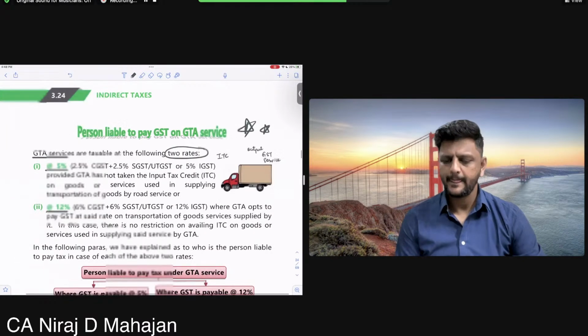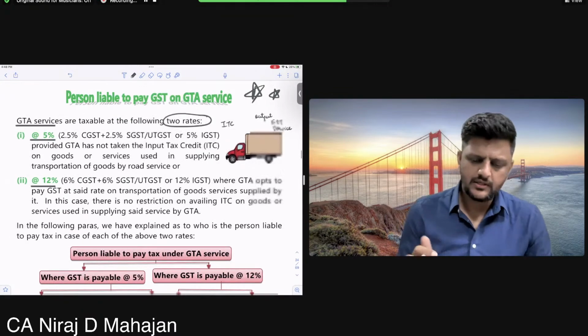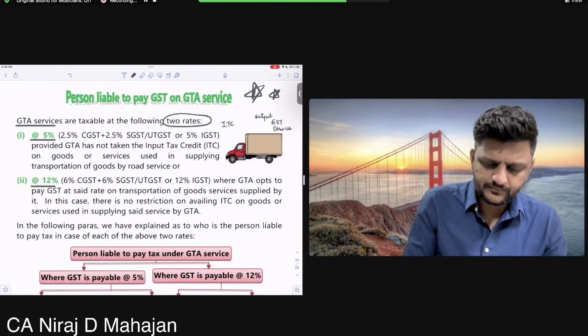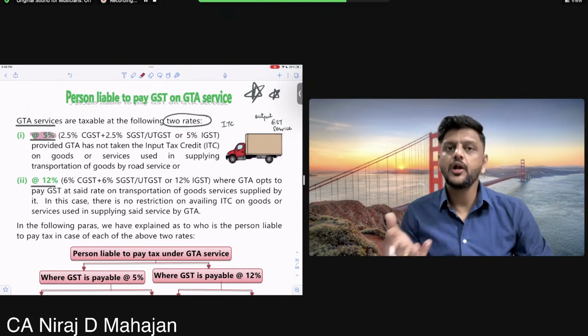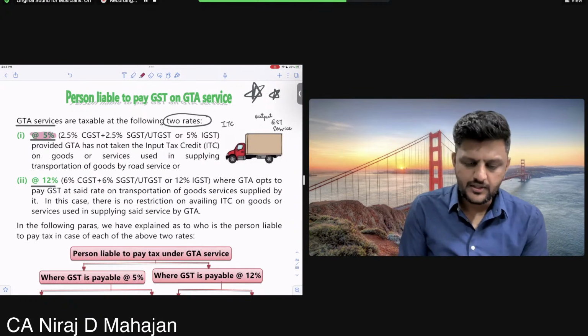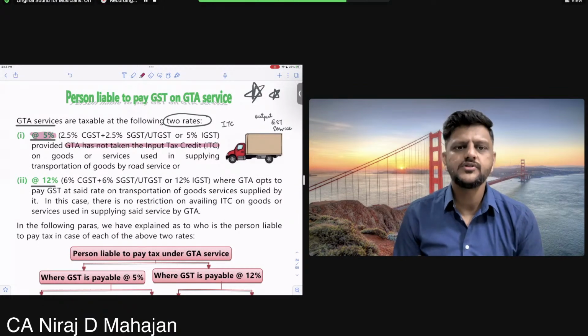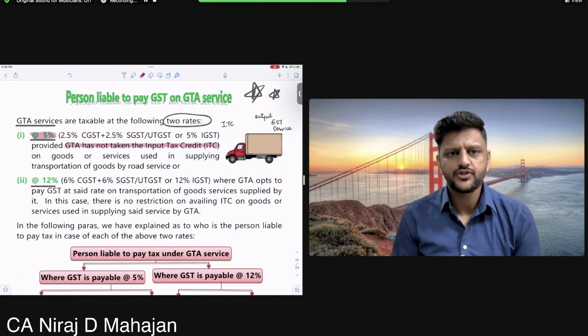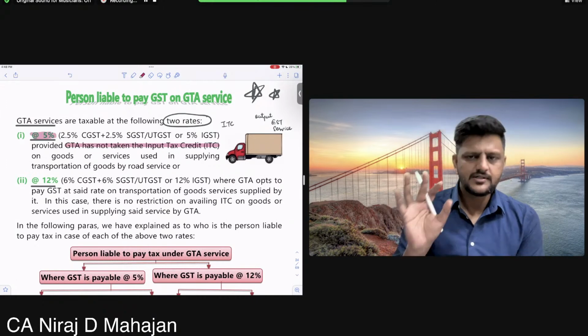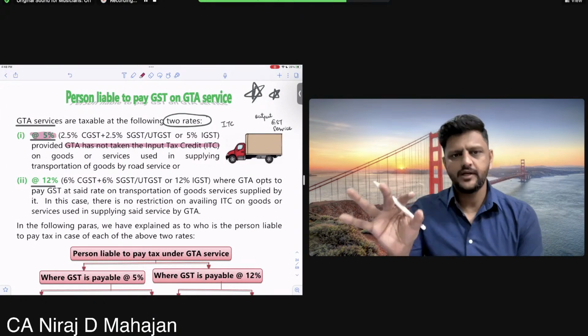Ready, everybody? Chalo. Two rates. 5%. Provided, now you get lower tax, provided GTA has not taken any ITC on goods or services used in supplying transportation of goods by road service. Simply, you can just highlight he has not taken ITC.